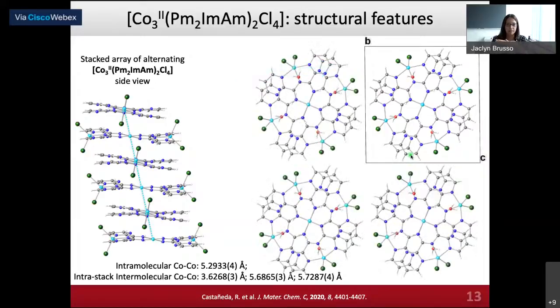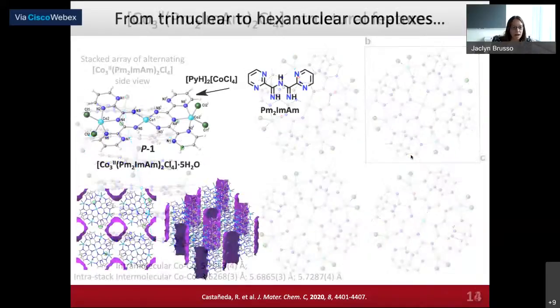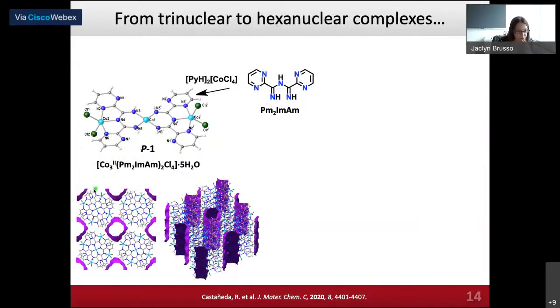Looking even further at how these columns stack together, we get this columnar network that is reminiscent of discotic liquid crystalline materials. Showing that view a little bit differently, here we have these porous channels within the supramolecular structure of these trinuclear complexes.